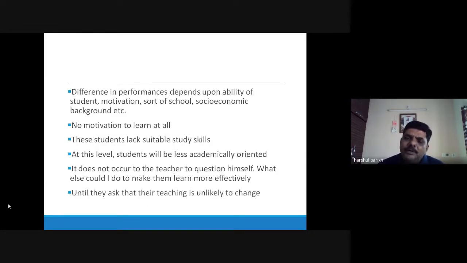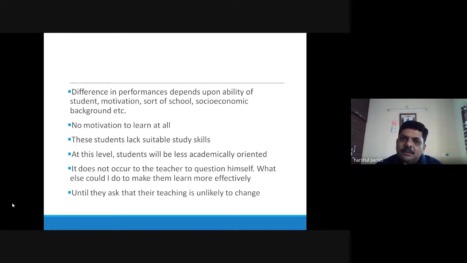Whatever the difference in performance of students at this level, it is based on the ability of the student, how the student is motivated, what sort of schooling, what socio-economic background. So performance depends on these factors.